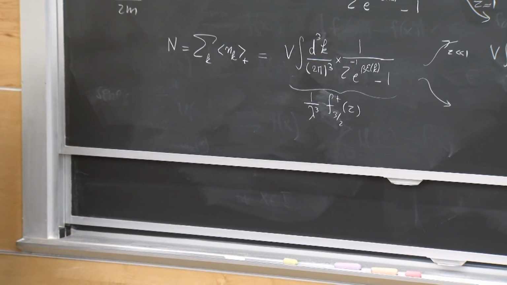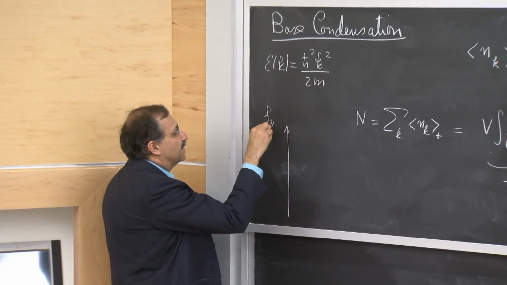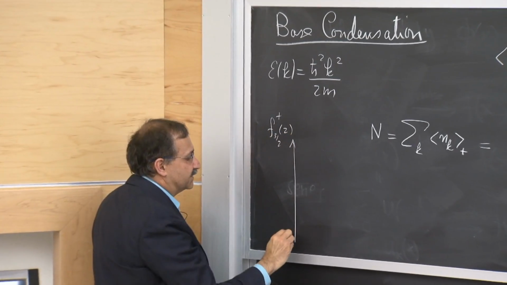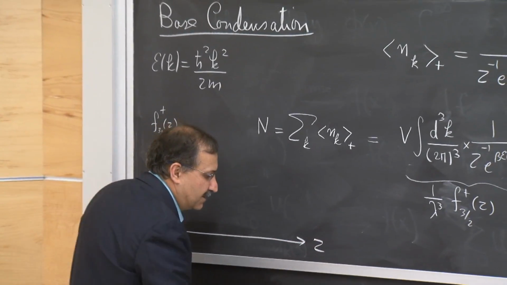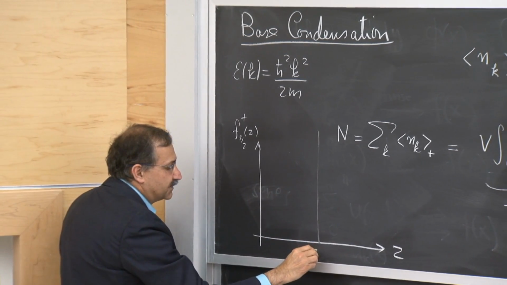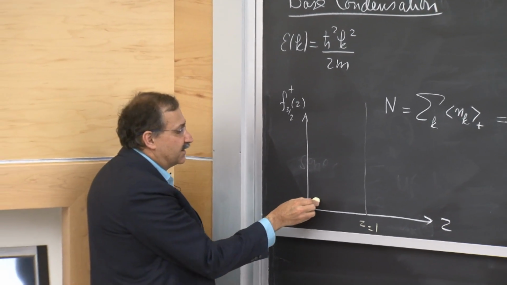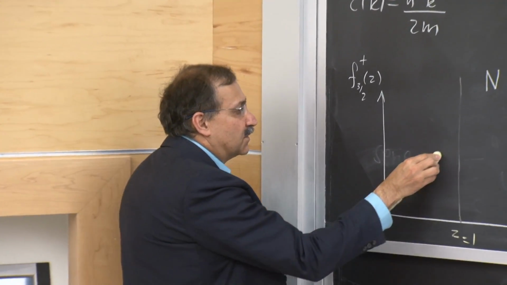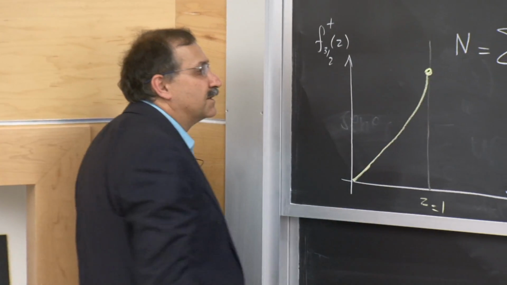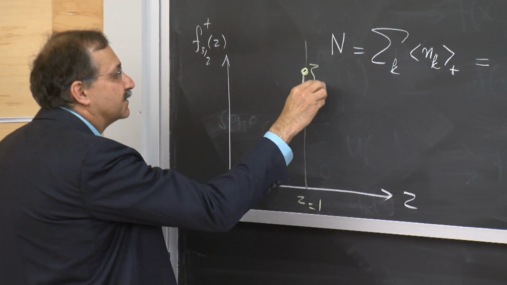It's a function that increases with z up to the limiting value that we are allowed to have, which is at z equals to 1. It's a function that starts linearly, as we have discussed. But then up here, it comes to a finite value of zeta 3 halves.